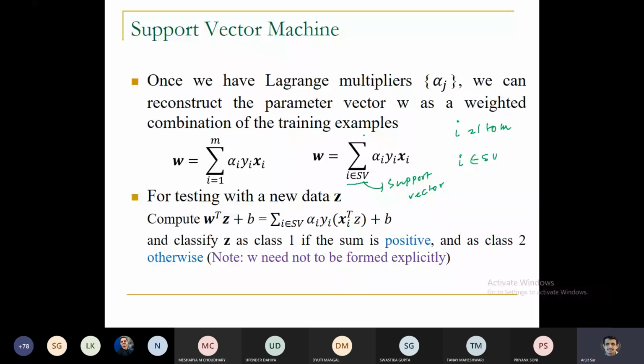Now, let's say a new data point has come. What do we have to compute? We have to compute W, and then W transpose Z plus b.